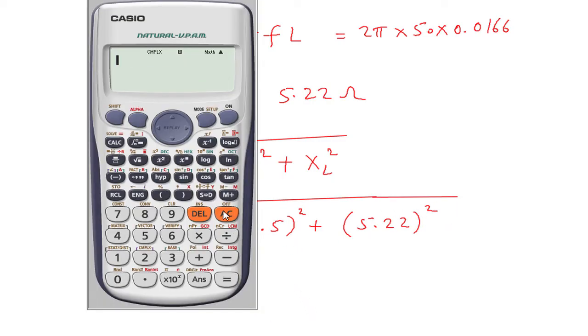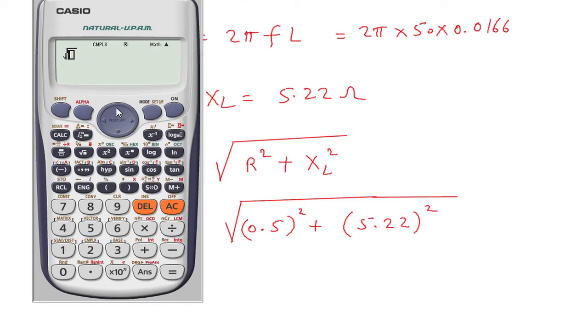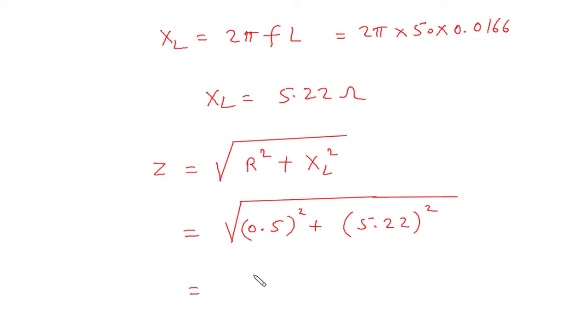So this will be under root of 0.5 square plus 5.22 square, so it is 5.24.